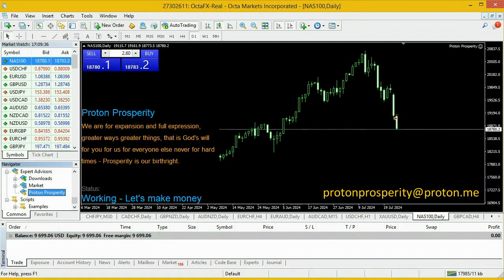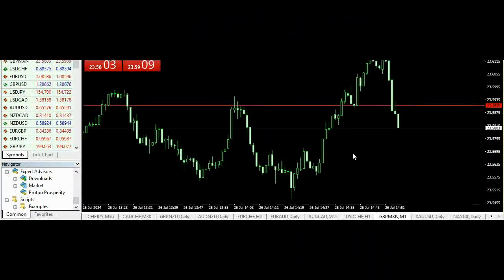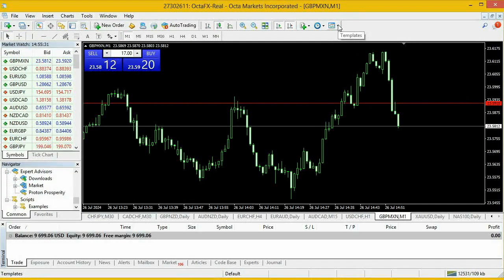Our take profit is triggered. As you can see, our balance is now $9,699. Our next trade is on the British pound and Mexican peso currency pair.